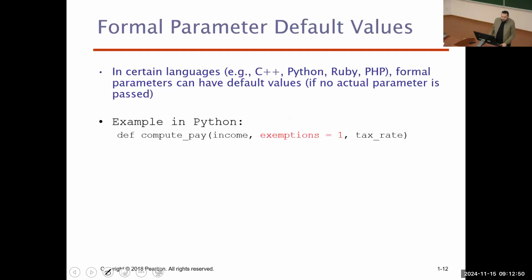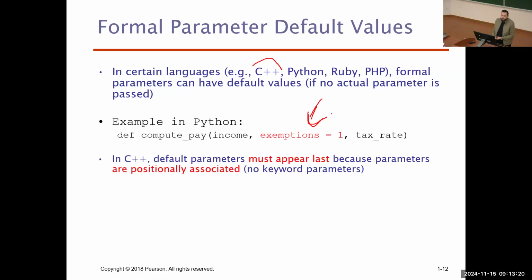Now, in certain languages, we said C++, Python, Ruby, PHP, and lots of others, we can do default values for parameters, and that's good. So this is in Python. It's going to work. Income, exemptions equal 1, tax rate. Would this specific line work in C++?